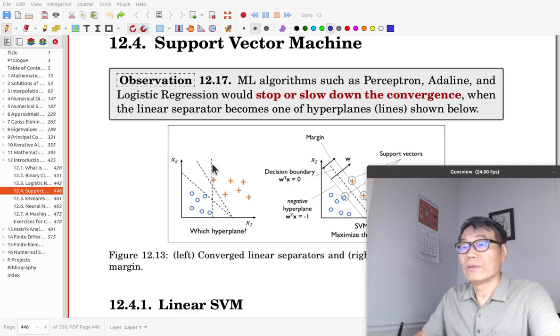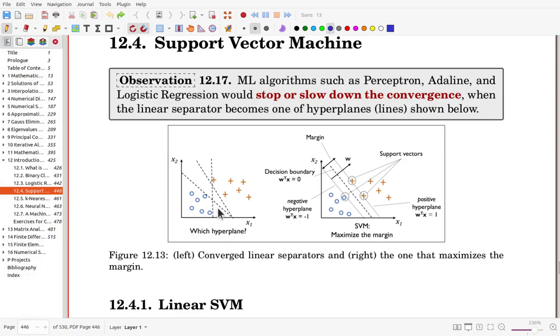Assume we have this hyperplane and a new point is given around here, then apparently this must belong to that side. However, the algorithm will predict this point as one of these points.